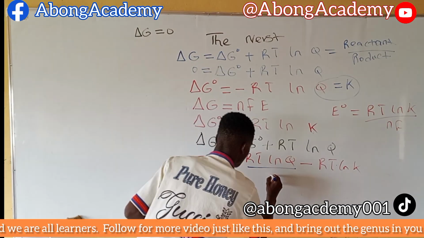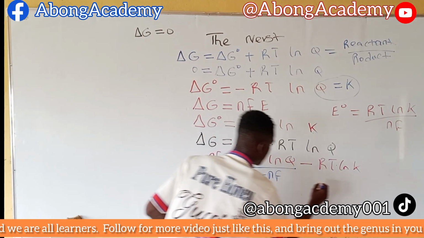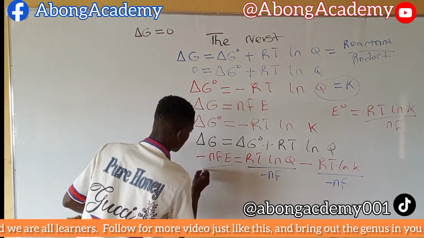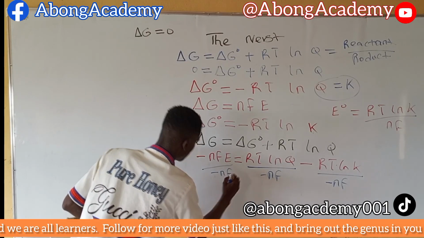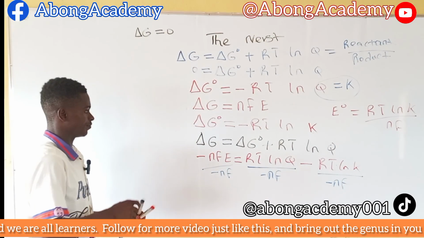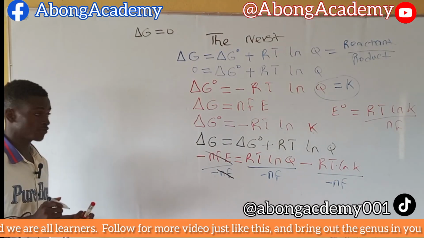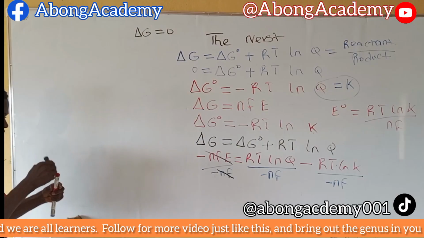We have minus nF, minus nF, and minus nF. And when we do that, nF cancels out. Now what is left?